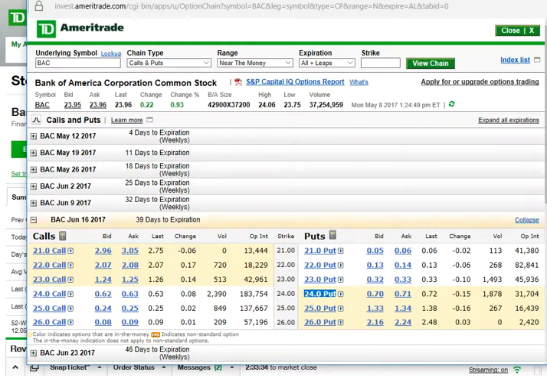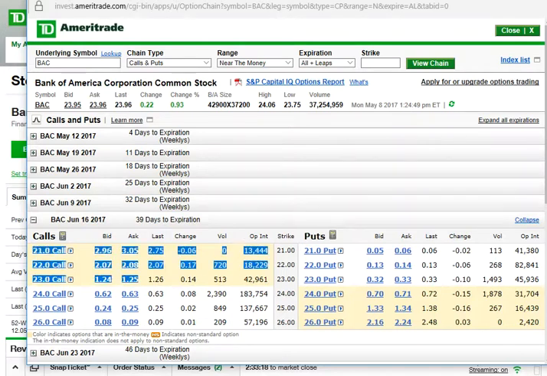Okay, and then the underlying stock value is up here. Looks like Bank of America went up a couple dollars. Now it's worth $23.96. Okay, and again, at the top are all of your in-the-money options. And remember the term intrinsic value.